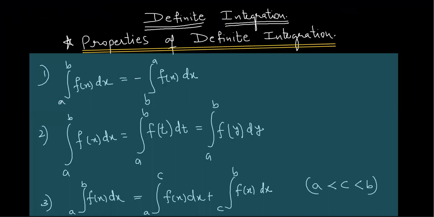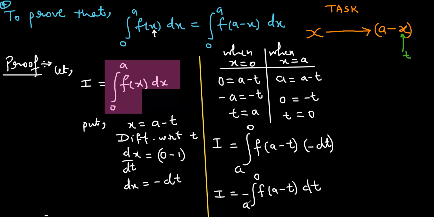See, if you have a to b f of x dx, you could write it b to a, provided you write a negative sign. So here, students, I have a to 0. I want to write this as 0 to a.